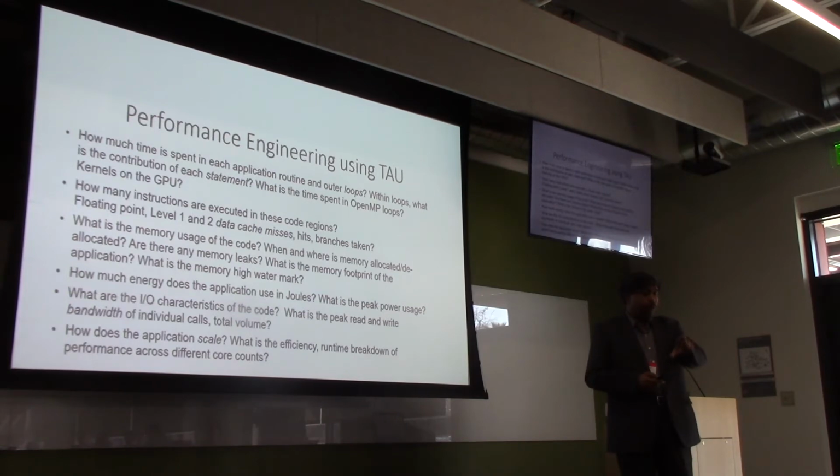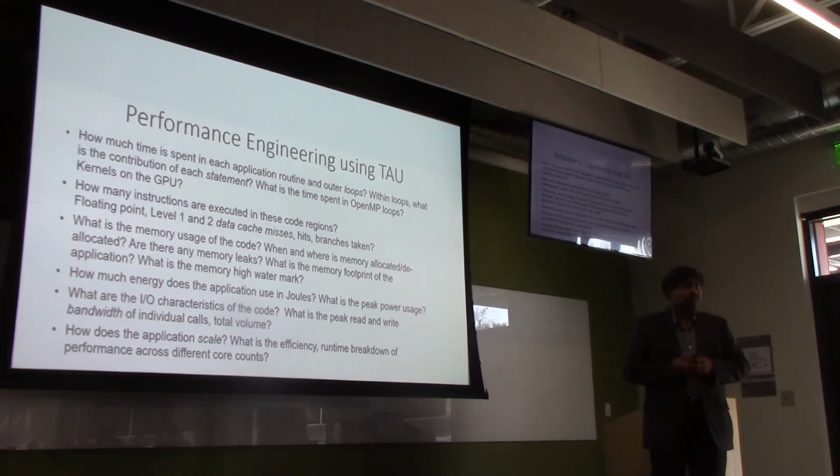You could pinpoint in a loop how many floating point instructions were executed and divided by the number of level 1 data cache misses. So you could see precisely how many instructions were executed that were useful with respect to the data cache misses. Like if you were asking yourself, well, this is the loop that takes the most time.